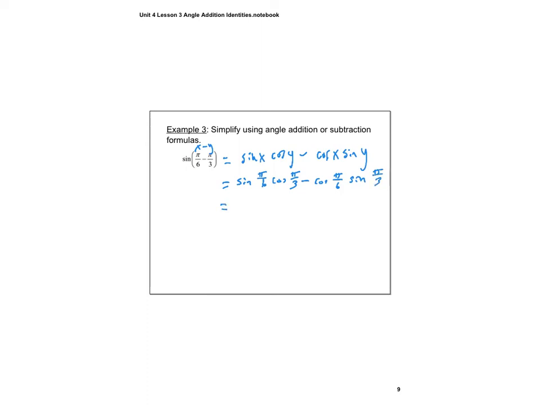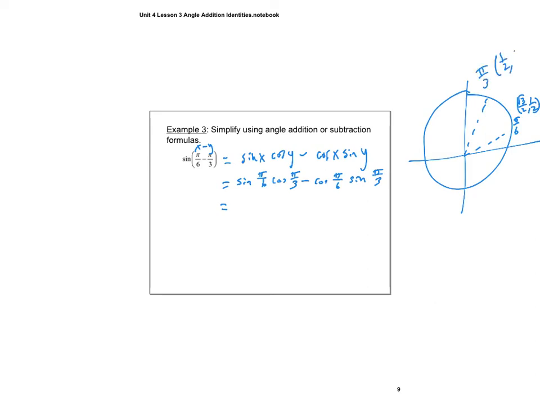All right, so again, on our unit circle, we've got pi over 6 here, and the ordered pair there is the square root of 3 over 2 and then 1/2. And then up here at pi over 3, we have the ordered pair 1/2, square root of 3 over 2. All right, so sine of pi over 6, sine corresponds with the y value on the unit circle, which is 1/2.